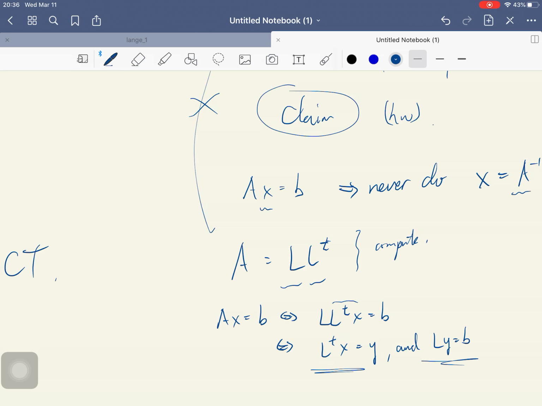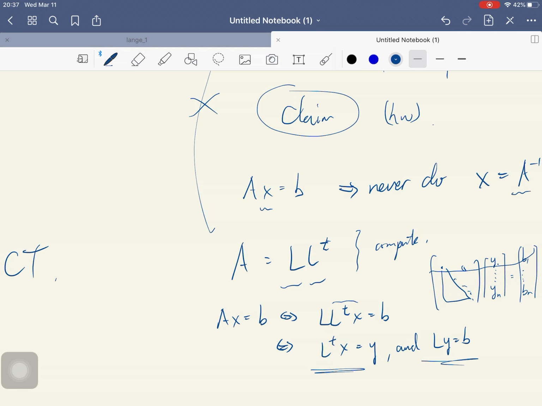Compute this. Why is this easy to solve? L is a lower triangular matrix. So you have a matrix that looks like this, with 0 here, times some vector y, let's call it y1 to yn, and this is equal to b1 all the way to bn.